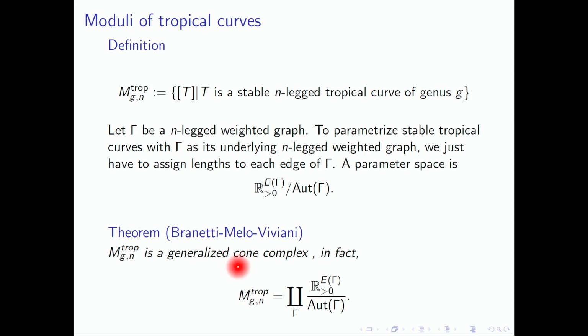And this word generalized is here because we are considering not just cones, but cones modulo a finite group. So these are quotients of cones. And it is a theorem by Brannetti, Melo, and Viviani that this is, in fact, a generalized cone complex. The terminology they used was not generalized cone complex. They used the word stacky fan, but I think nowadays everybody calls these objects generalized cone complexes.